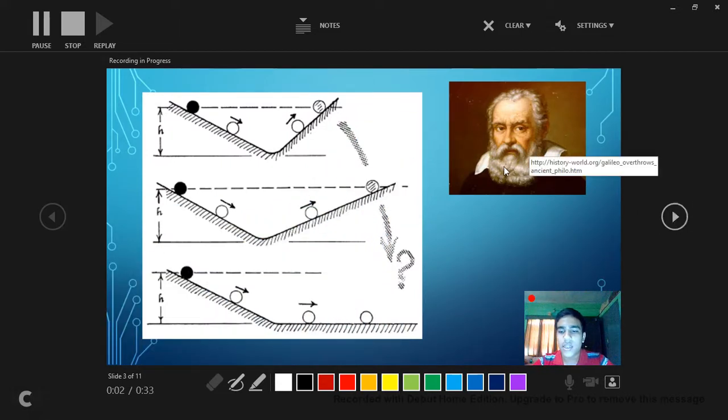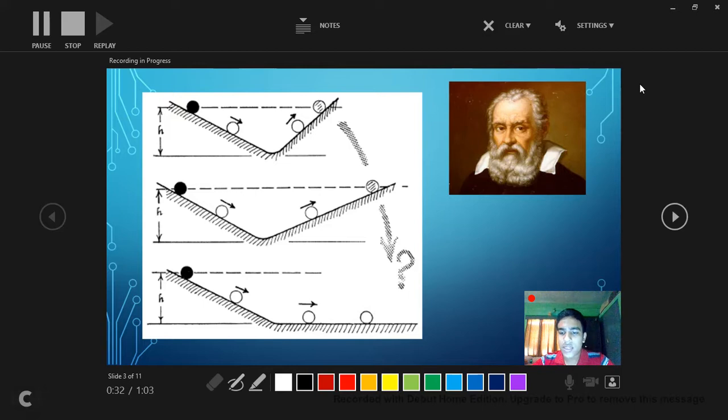You know this person? He is Galileo Galilei. He discovered the four outer planets, Saturn, Jupiter, Uranus, Neptune, and also the first telescope. He was killed because he said that the sun does not revolve around the earth, but the earth revolves around the sun.